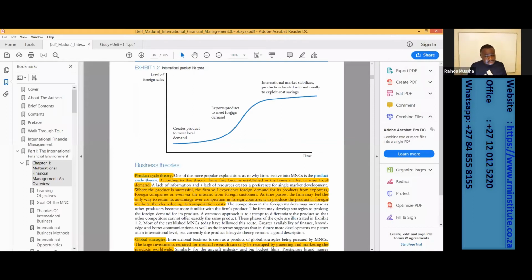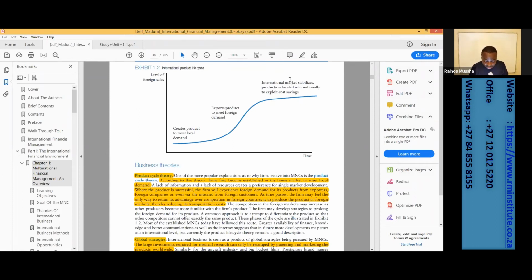So the bigger the demand, the more the incentive for the company to set up its subsidiary where the demand for the good is high enough. When the demand is high enough, the level of foreign sales is quite high or significant.